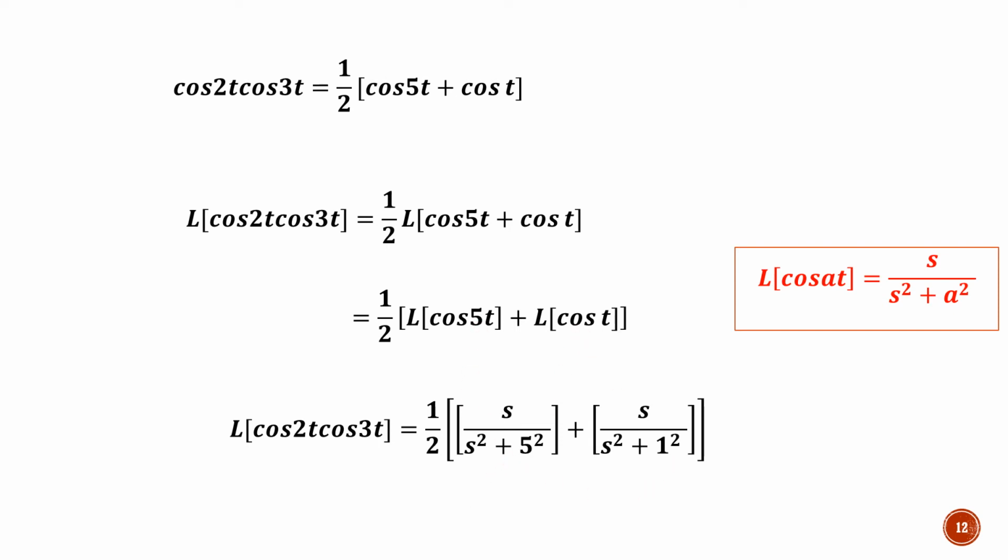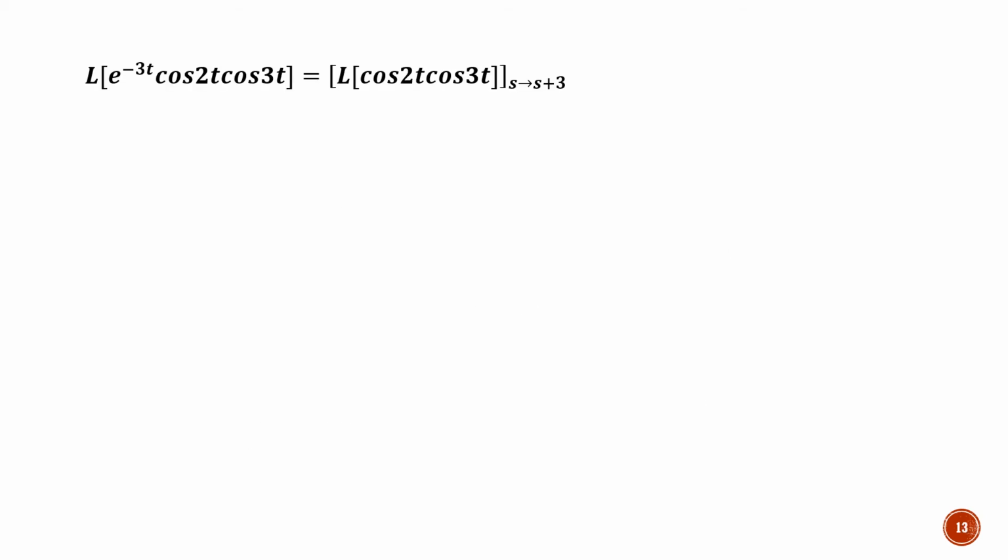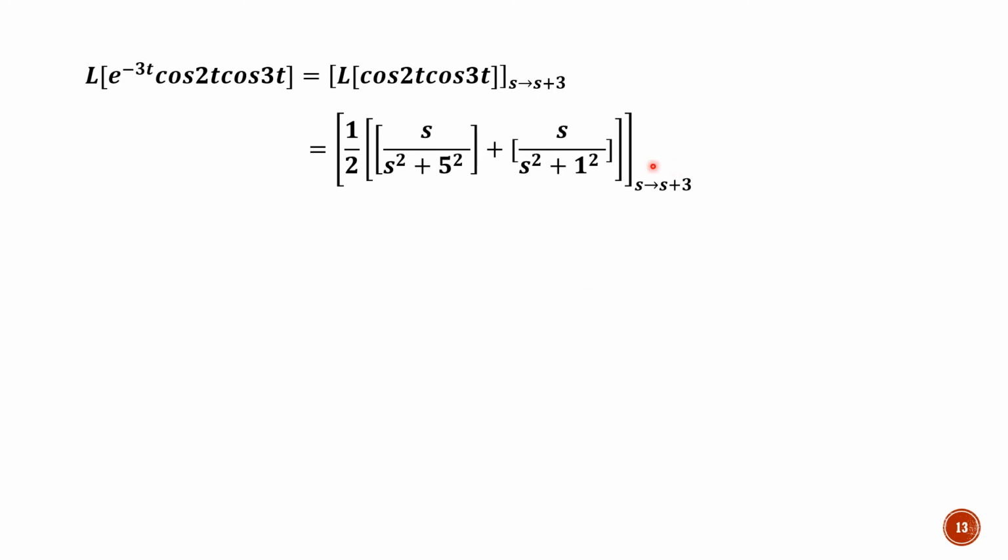Now we have to take the next function, which is e raised to minus 3t. So L of e raised to minus 3t into this function: whatever answer we have got for L of this in the previous step, in that we have to replace s by s plus 3.